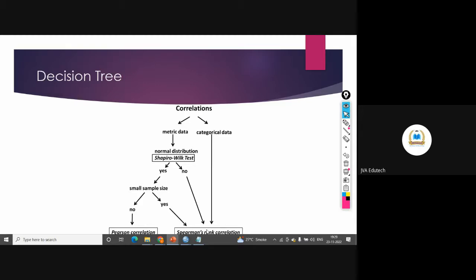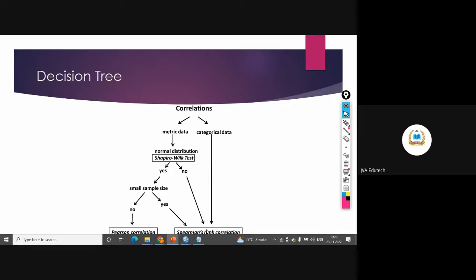Let's say you have a very small sample size, say 10 or 20. Those 20 observations won't be able to tell you exactly whether the correlation is correct or not. So for that matter, you should move on to non-parametric correlation. If you have a large sample size, then of course go for Pearson correlation.